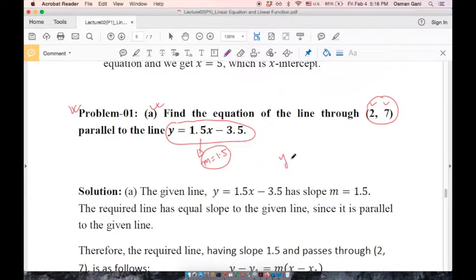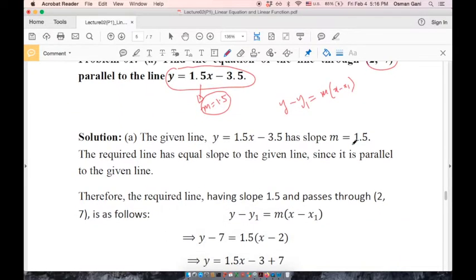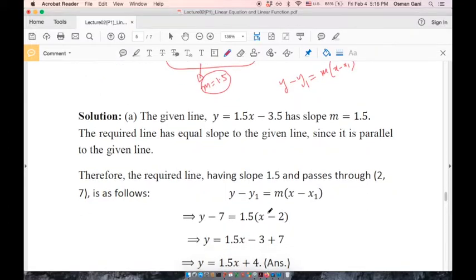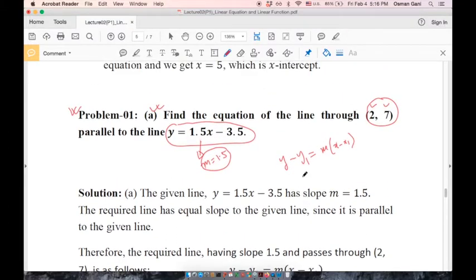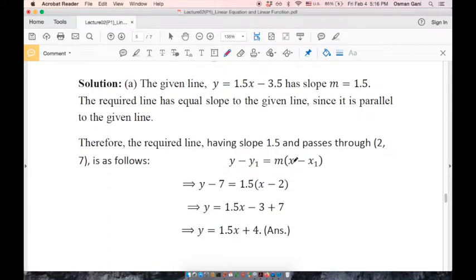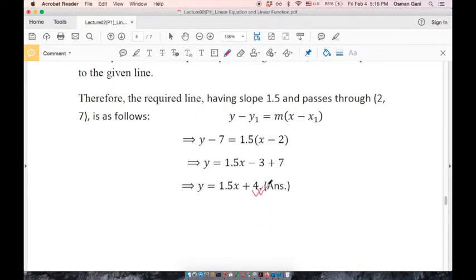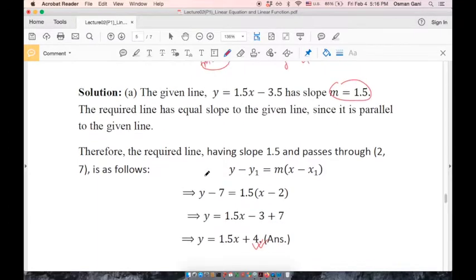So now we can use this formula, y minus y1 equal to m into x minus x1, to get the required equation. You see, y minus y1 equal to m into x minus x1, and here y1 means 7, x1 means 2, and slope 1.5. Therefore this is the equation. This is the required equation.